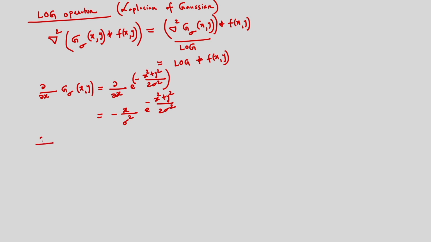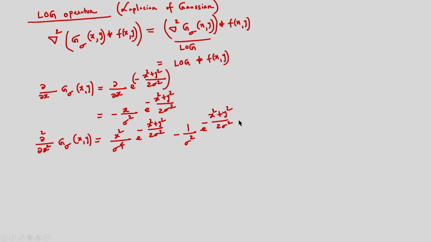To compute the second order differentiation of the Gaussian function g sigma x y, it will be x square divided by sigma to the power 4 e to the power minus x square plus y square over 2 sigma square, minus 1 by sigma square e to the power minus x square plus y square over 2 sigma square.